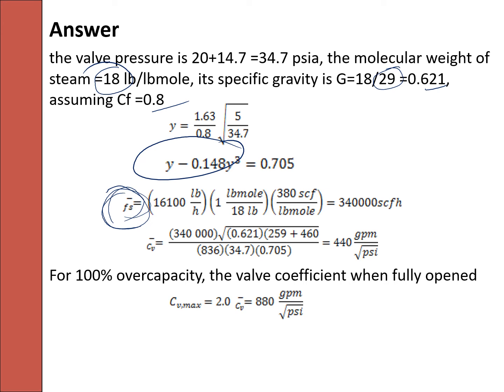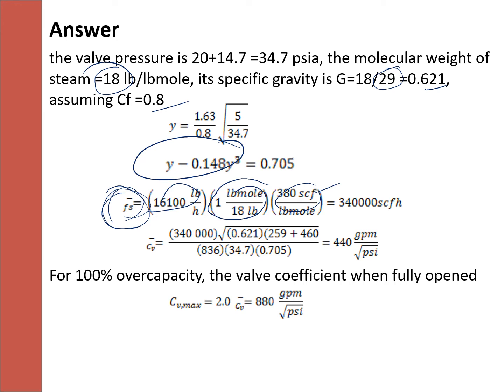Basically, you multiply this by the molecular weight, and by this one. Lastly, you will get this value, which is 340,000. You may refer to this formula inside the slide that shows the equation of flow of the gas.